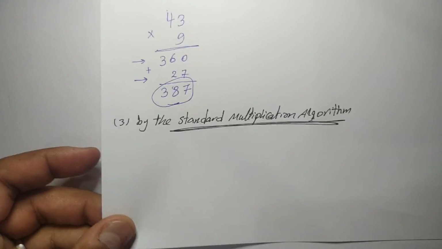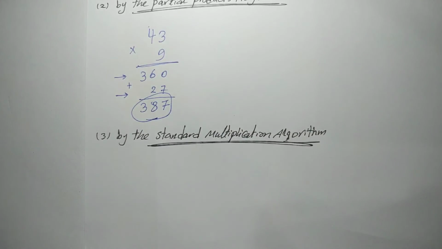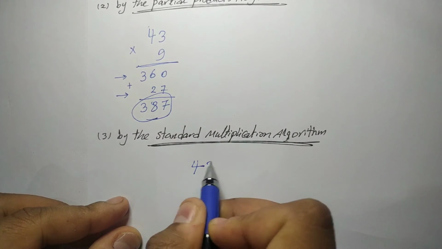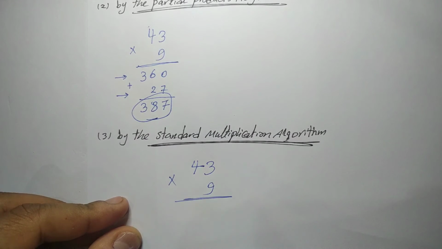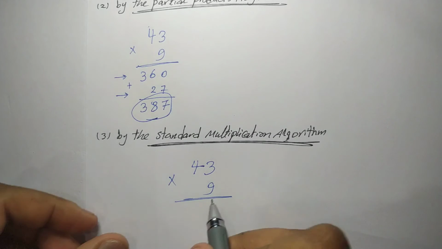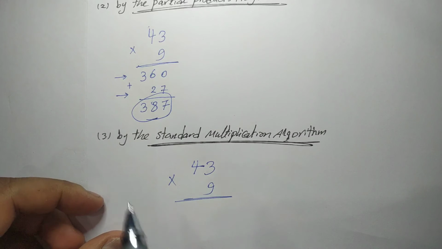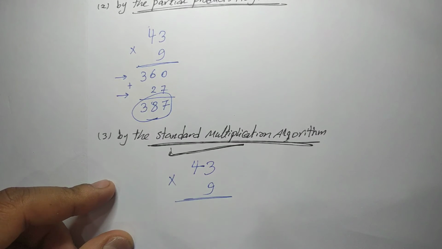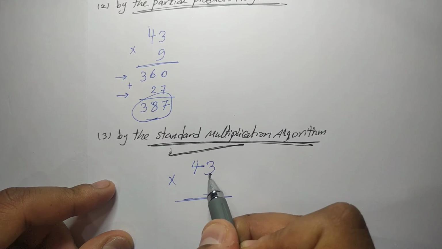Again with the standard multiplication algorithm. And notice that I have here 43 times 9. 9 times 4? No. In the standard multiplication, I will start with the ones.